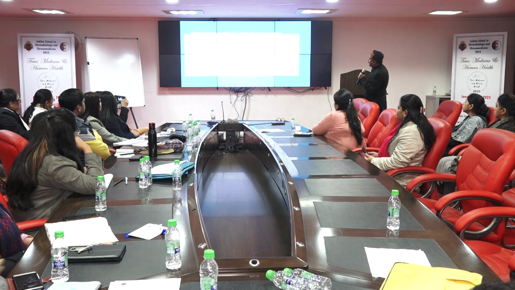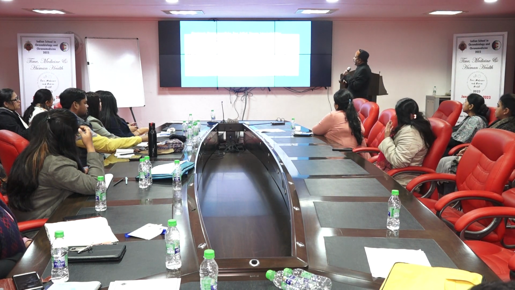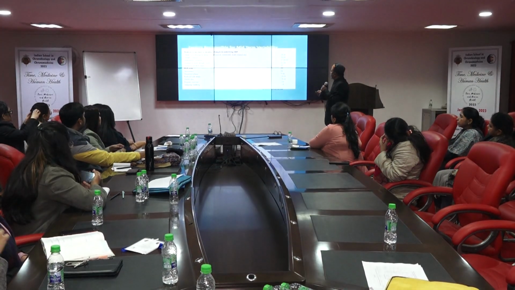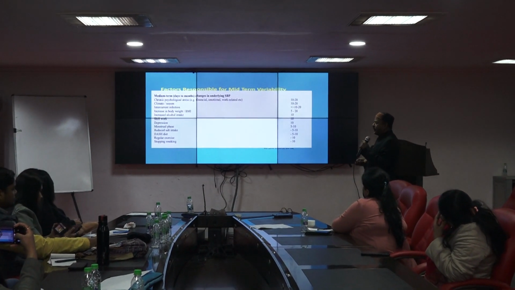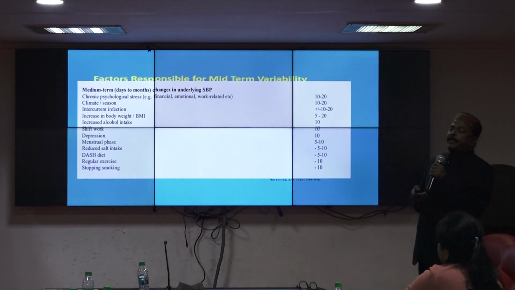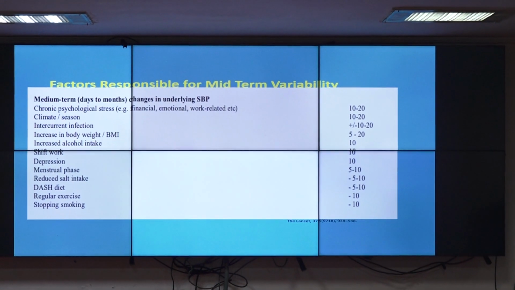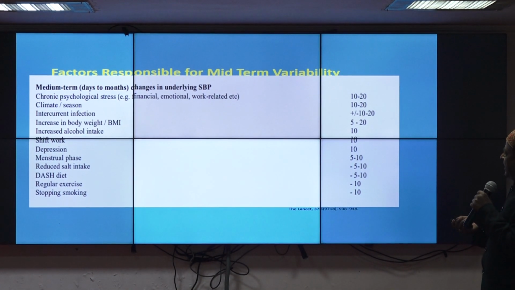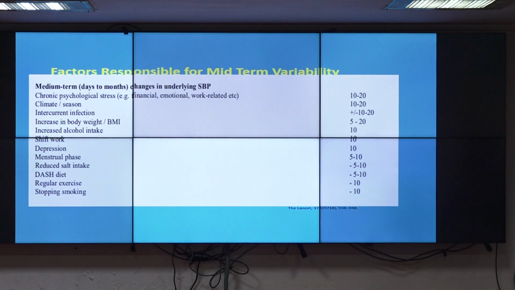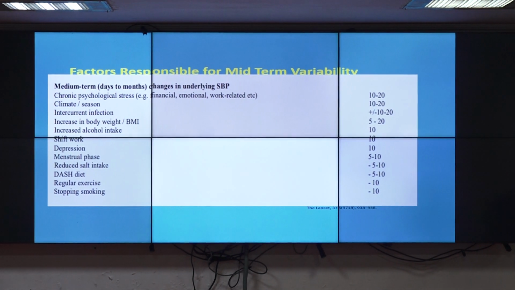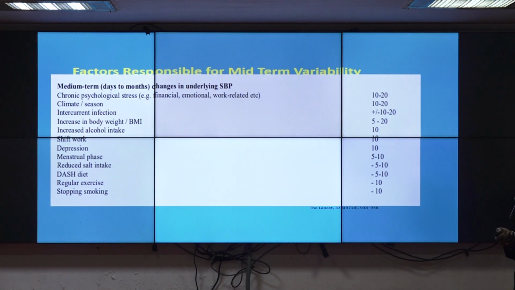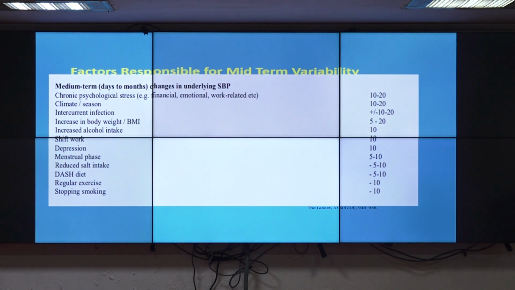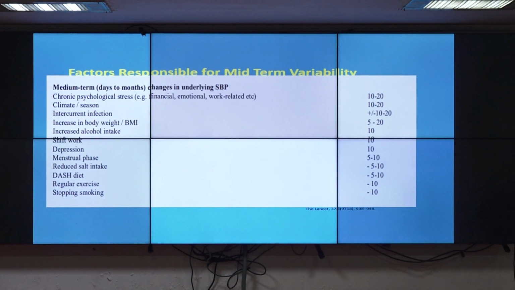Then the other things which I have already talked about, chronic psychological stress. Climate and season can change blood pressure in the tune of plus minus 10 to 20 millimeter of mercury. Either it is more during the winters or it is less during the summers. And increased alcohol intake: if you remember, it was being taught sometime that alcohol in little quantity can be helpful for the cardiovascular system, but the latest guidelines from WHO have suggested that alcohol in any form is not good.